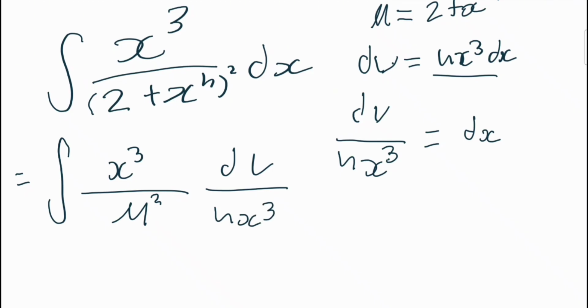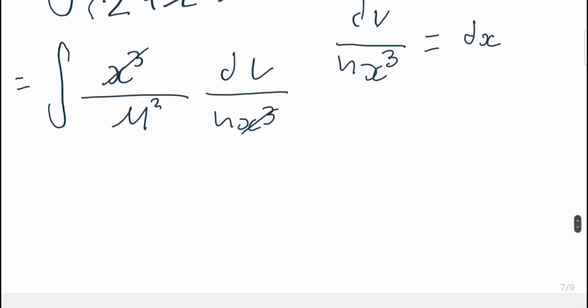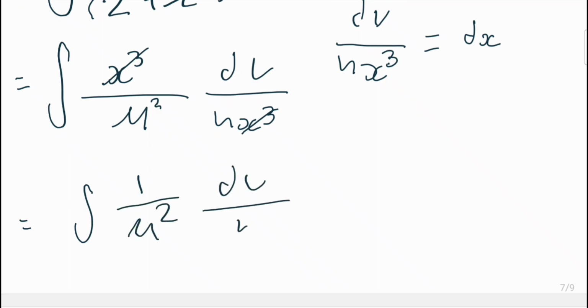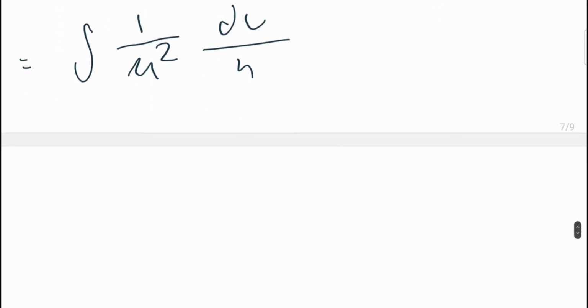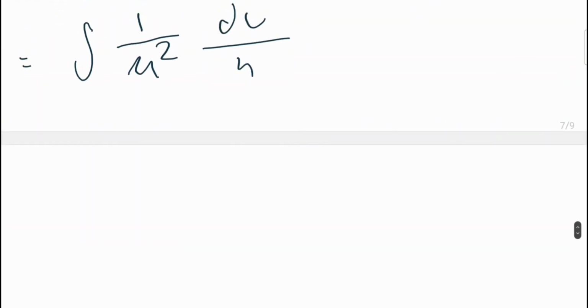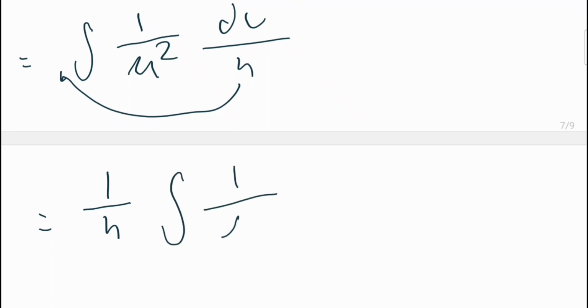As you might be able to see already, the x cubed and x cubed both cancel out nicely, and so this becomes the integral of 1 over u to the 2nd, du over 4. Okay, so we can move this 4 on the bottom to the front here. So this is going to equal 1 over 4 integral of 1 over u squared du.